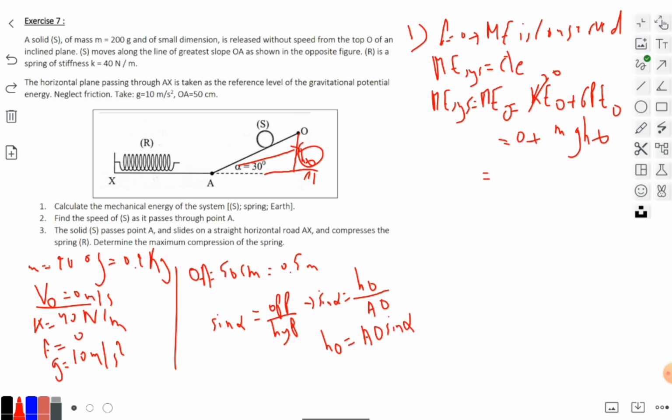Then mechanical energy of system equals mg AO sine alpha. We obtain 0.2 times 10 times 0.5 times sine 30. Then mechanical energy of system is equal to 0.5 joule.